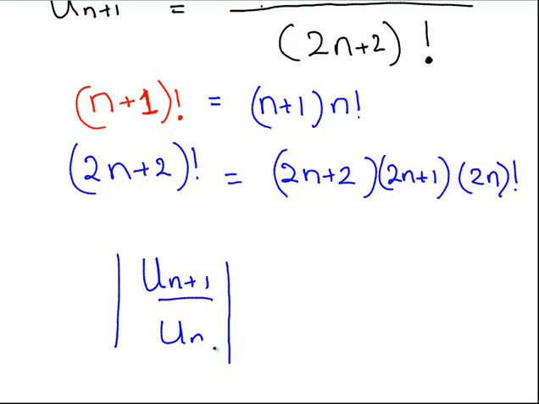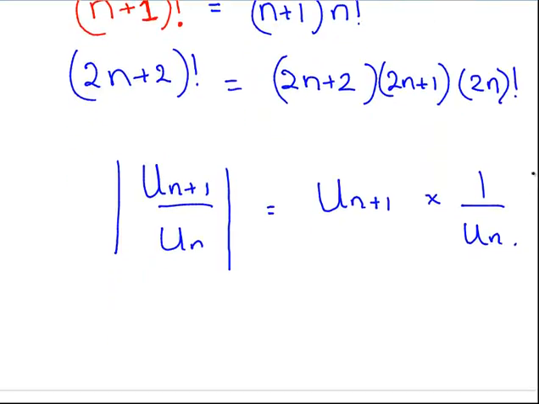You don't really need the absolute value indication here, the parallel lines on either side. But what we do need to remark upon is that when we divide by u of n, we can write that as multiplying by 1 over u of n, essentially the reciprocal of u of n.